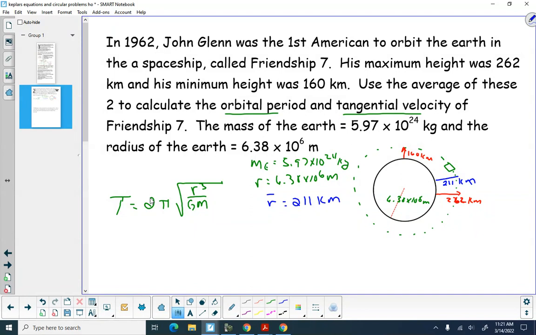But what is the radius of the circular path? What do we have to do to find it?